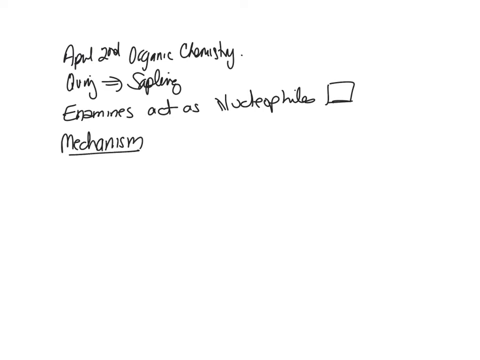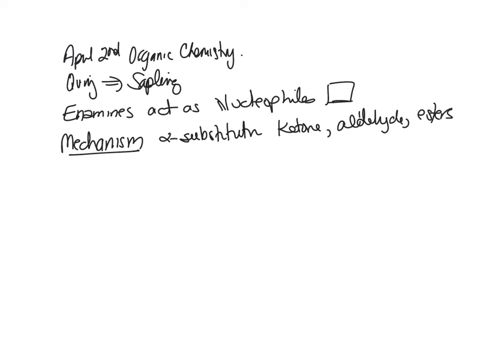So let's just recap the mechanisms of alpha substitution. We've talked about ketones, aldehydes, and esters. If you have a ketone here, then for alpha substitution you would usually use LDA.